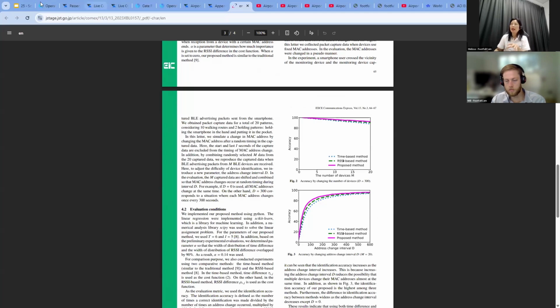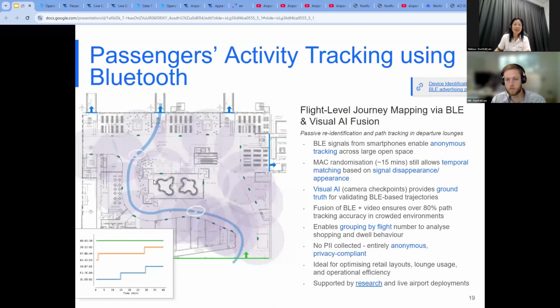In layman's terms, your phone is now showing this MAC address, and in 15 minutes' time, it randomizes to a different MAC address. But using that scientifically proven method, we build spatial continuity, stitching together the movement trails, with up to 80% accuracy.